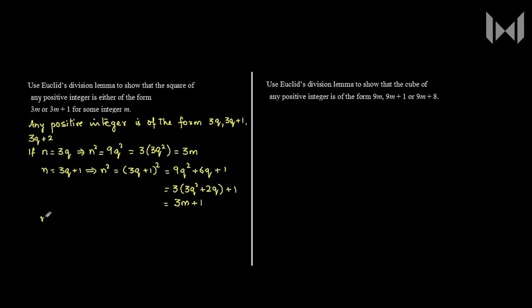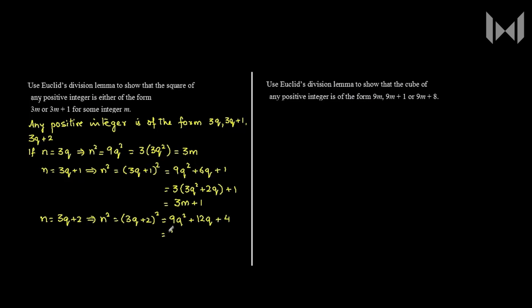And then we go on to write n is equal to 3q plus 2, which implies n square is equal to 3q plus 2 the whole square, which is 9q square plus 12q plus 4.